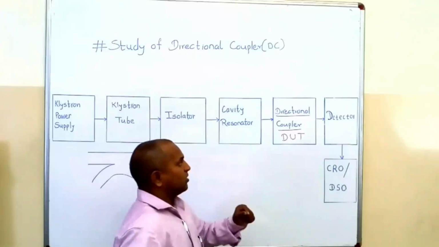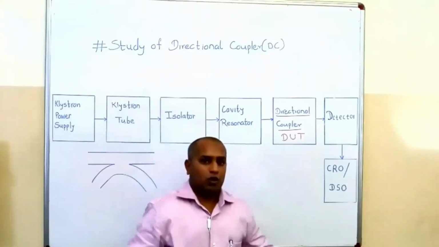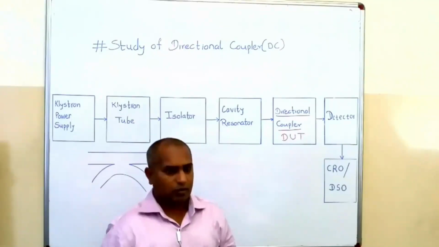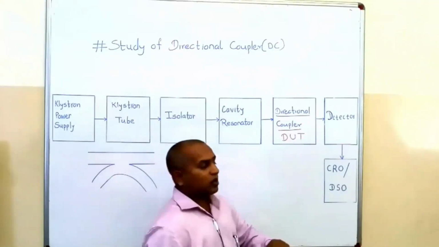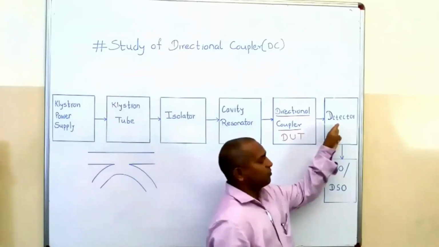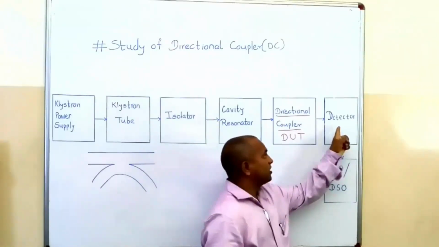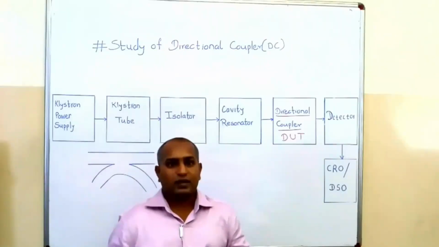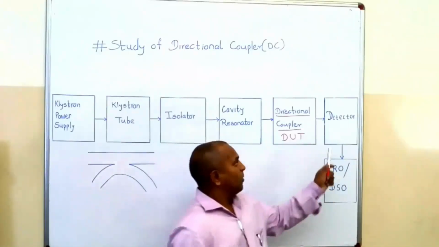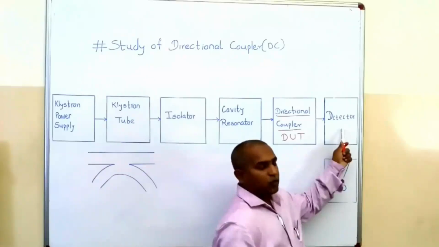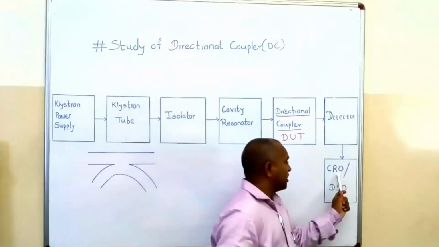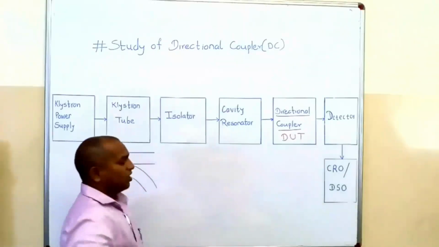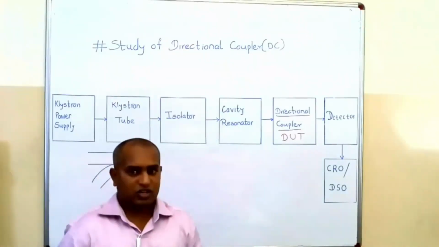Here we will see the working and construction of the directional coupler, but in our block diagram, our next block is a detector. Here the detector is used to detect the electromagnetic signal, and the magnitude from the detector will be checked on a CRO or DSO. Okay, so this is a simple block diagram of the directional coupler.